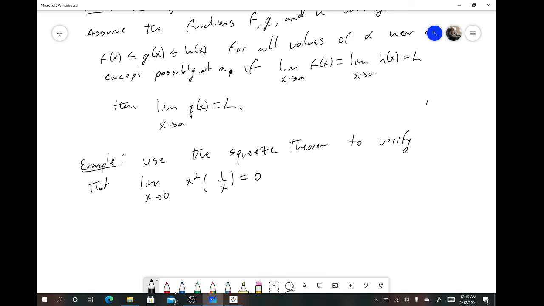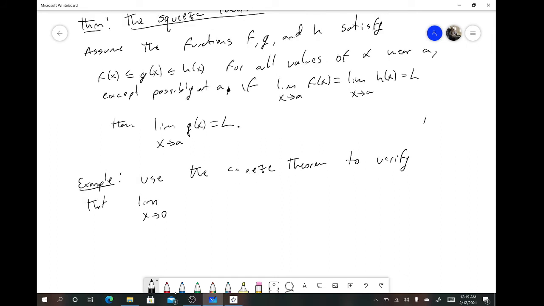Sorry, I erased too much. It is x squared times sine of 1 over x equal to 0.